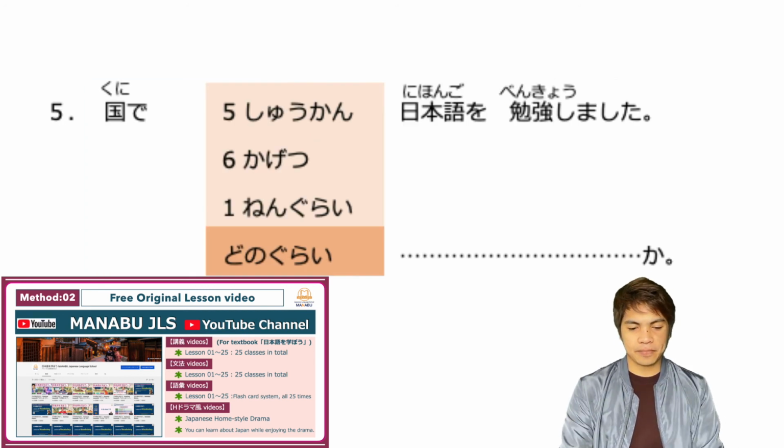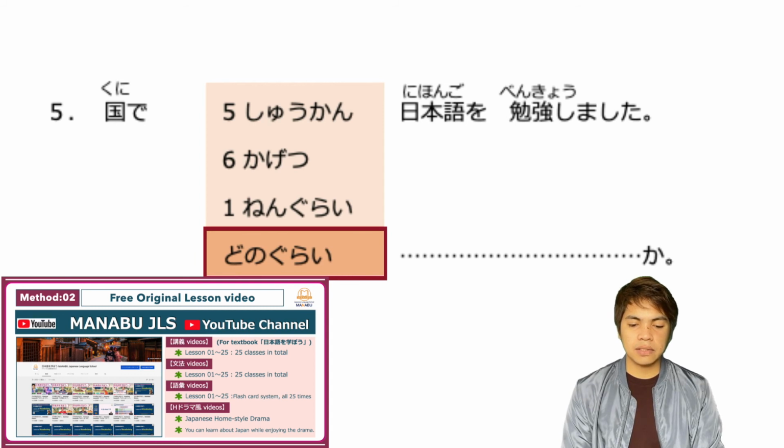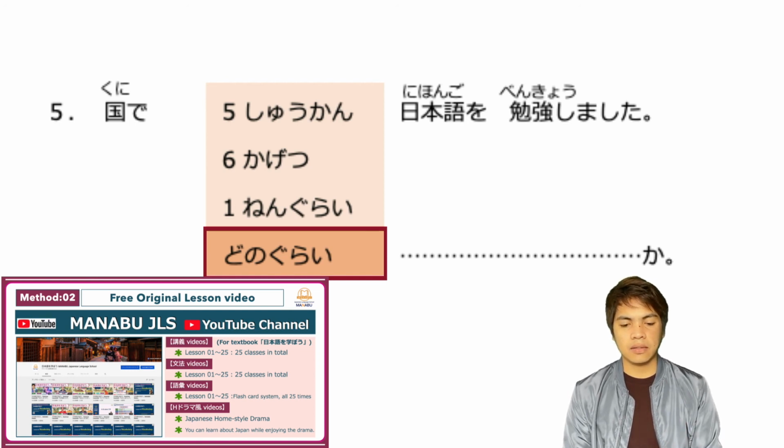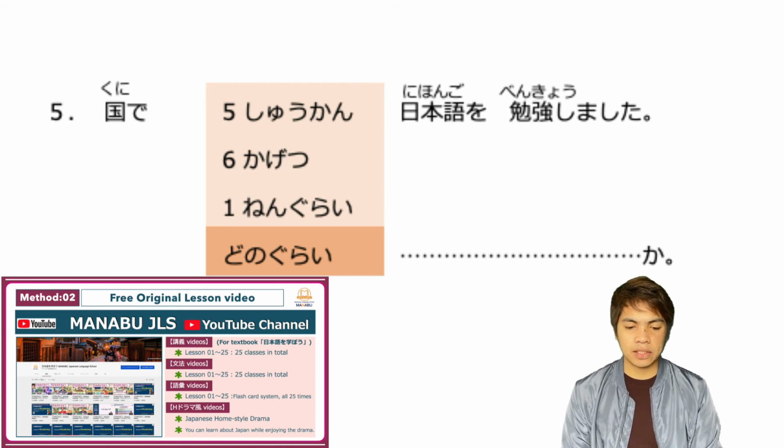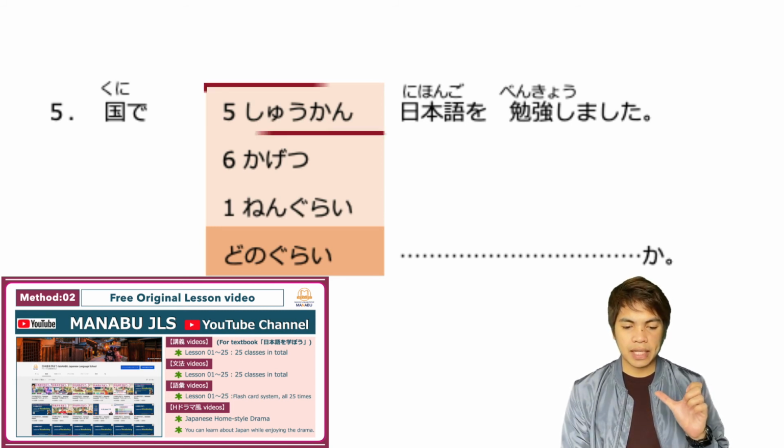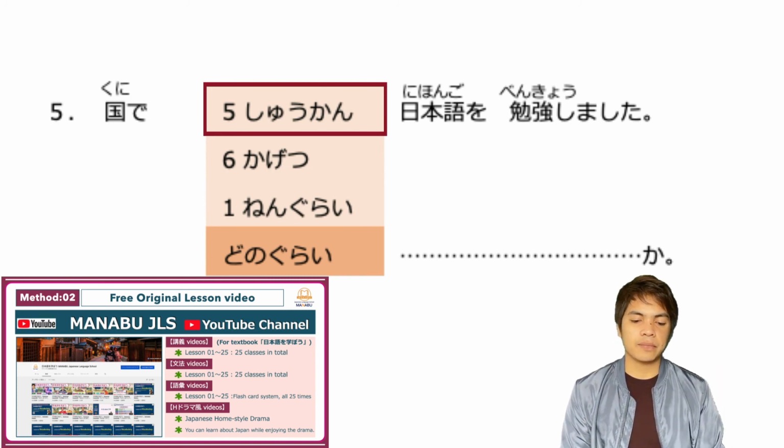Number 5, let's start from the interrogative sentence. 国でどのぐらい日本語を勉強しましたか? 国で means in your country, どのぐらい means how long, 日本語を勉強しましたか? Did you study Japanese? The answers will answer the interrogative どのぐらい. 5週間日本語を勉強しました, I studied for 5 weeks.